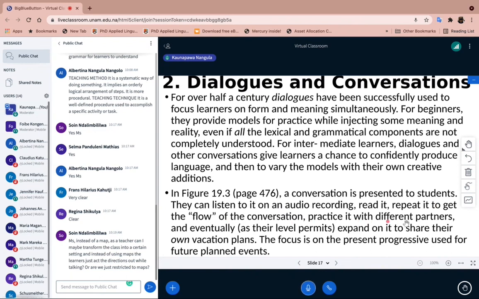Practice it with a different partner and eventually, as their level permits, expand on it to share their own vacation plans. And the focus is on present progressive used for future planned events.